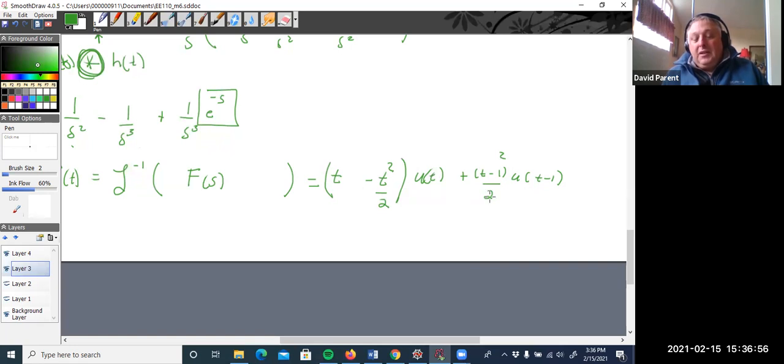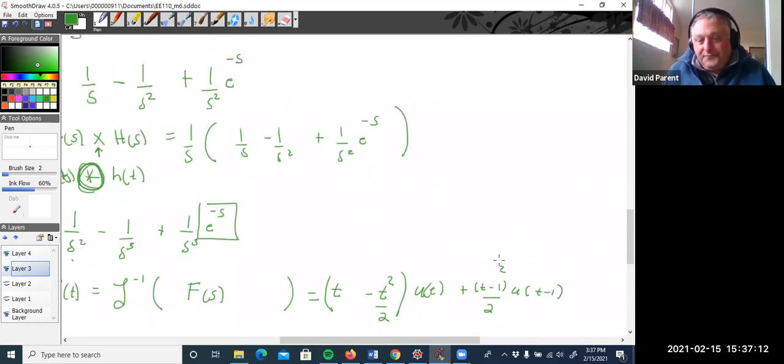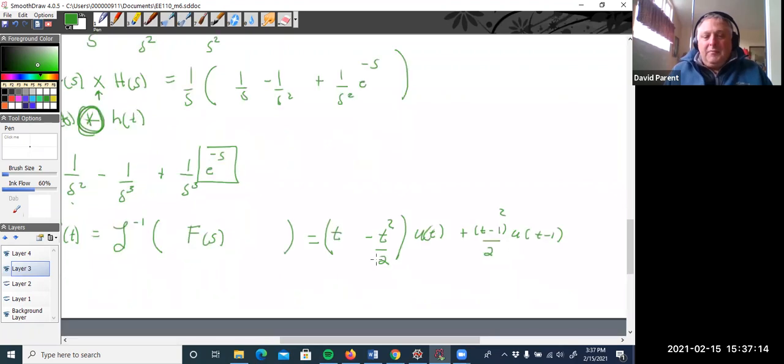And so this would be the final equation, which might look a bit confusing to plot, right? Because you're like, well, it's t, but then it's minus t squared.